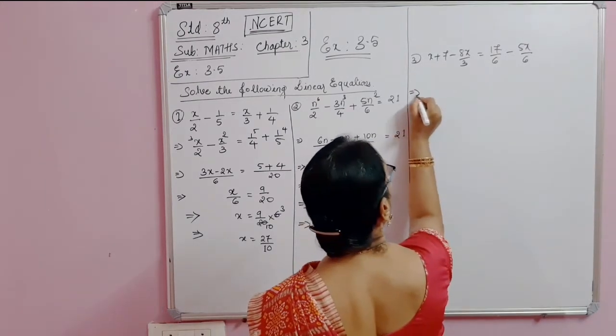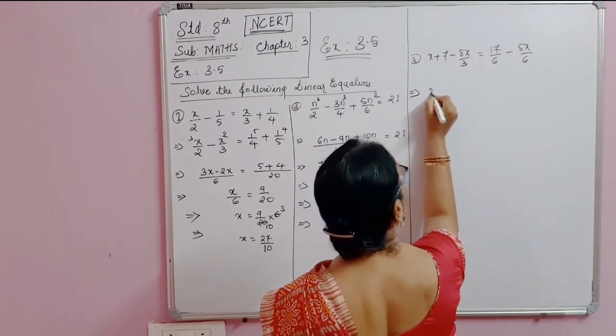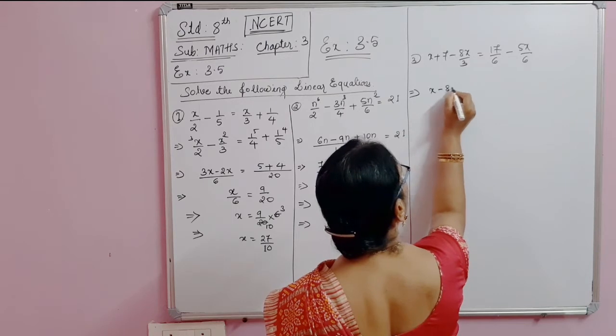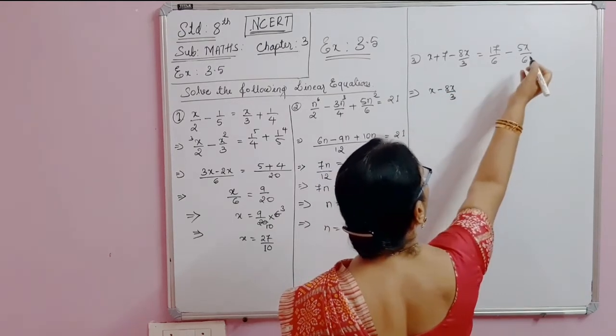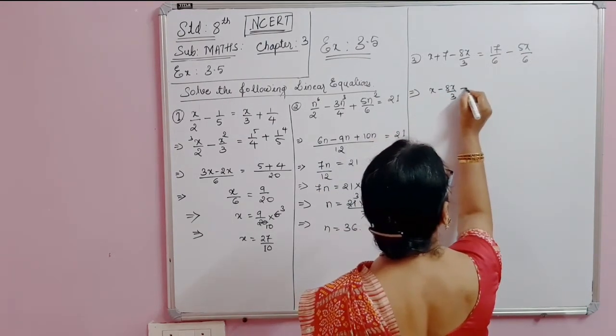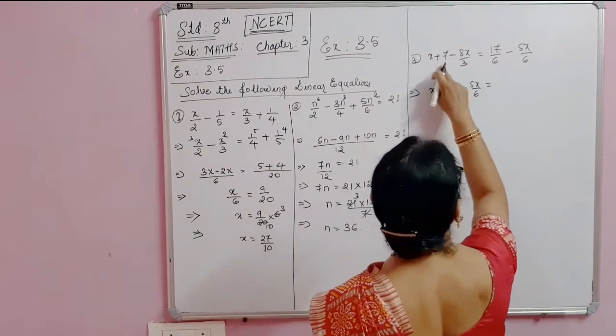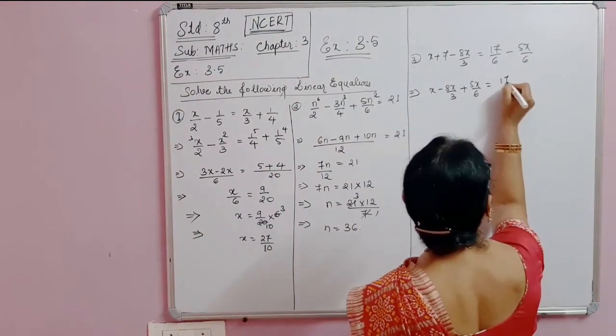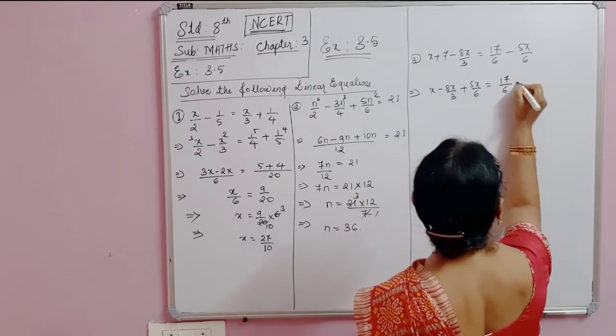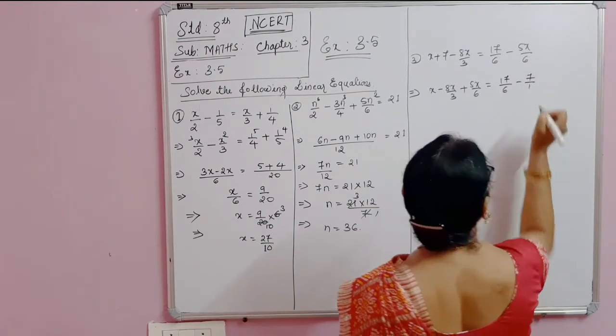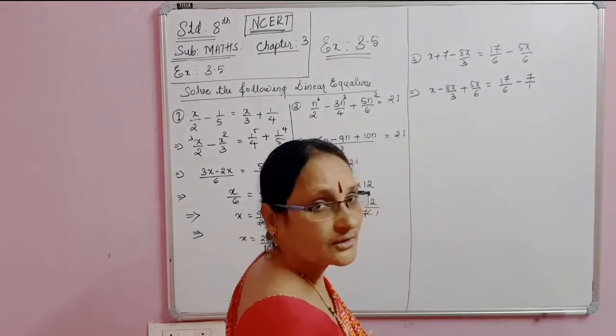See here, this is x minus 8x by 3. This minus 5x by 6 we bring this side, that is plus 5x by 6 is equal to 7, will take that side, that is 17 by 6 minus 7. If you want, you can take here as 1.